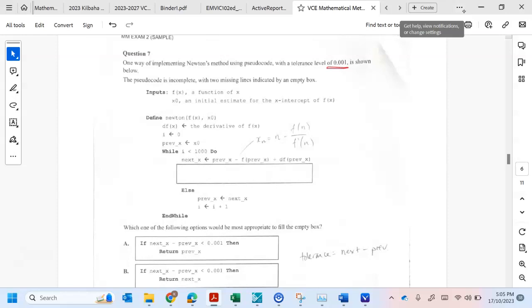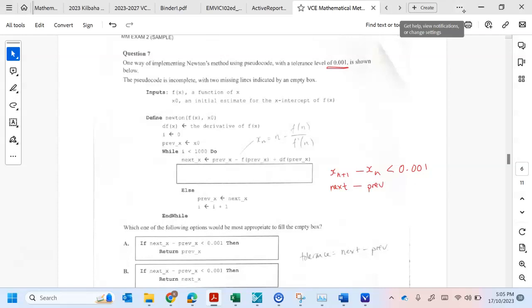So let's say x of n plus 1 minus x of n. All right, so we want that to be less than 0.001. So the difference between the two. So this is our next, and this is our previous.